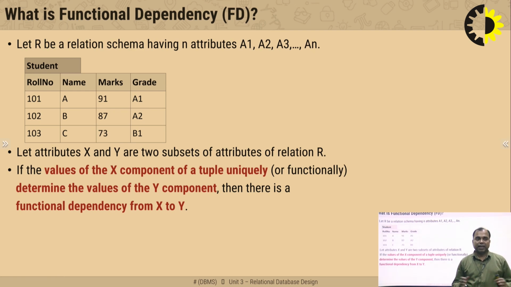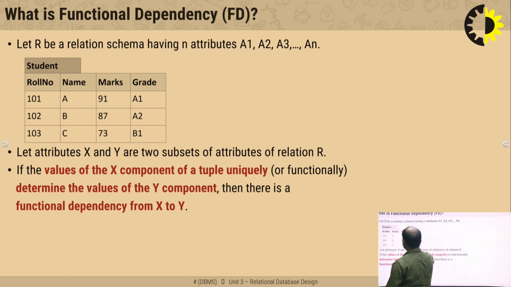Here the student table is given. In this table we have roll number, name, marks and grade. These are the attributes from a student table.